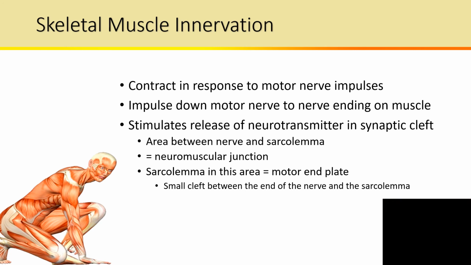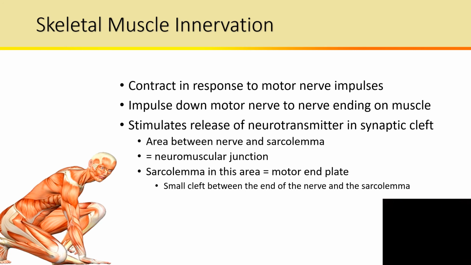So it sends this impulse that starts in the motor cortex down through the spinal cord, out through a specific spinal nerve, and finally gets to the end of a muscle into what we call the motor end plate. This motor end plate is that point where that nerve will finally contact a particular skeletal muscle.